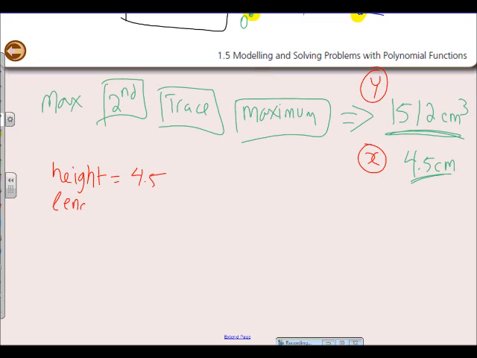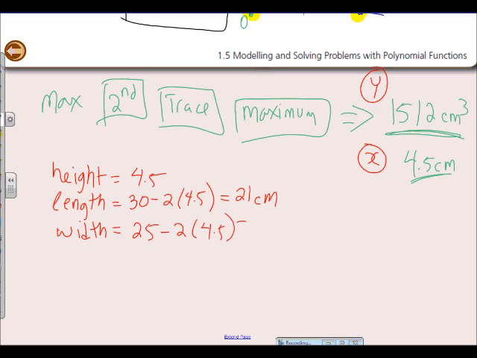Your length was equal to the 30 minus 2 times 4.5, which gives us 21 centimeters for length, and your width was equal to the 25 minus the 2 times 4.5, which is 16 centimeters. So your dimensions are 4.5 by 21 by 16 to give you your maximum volume. If you multiplied those three numbers together, it better equal 1512.